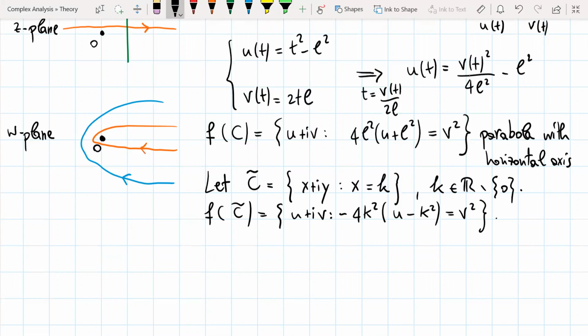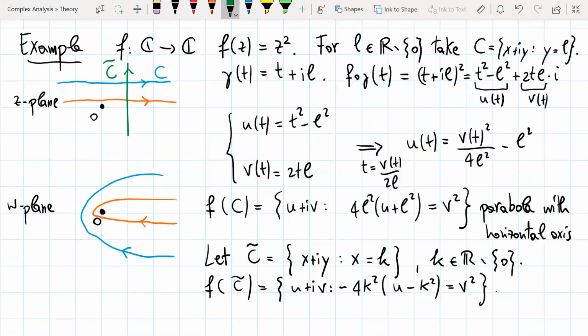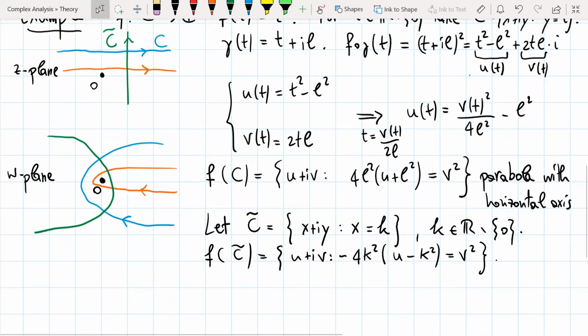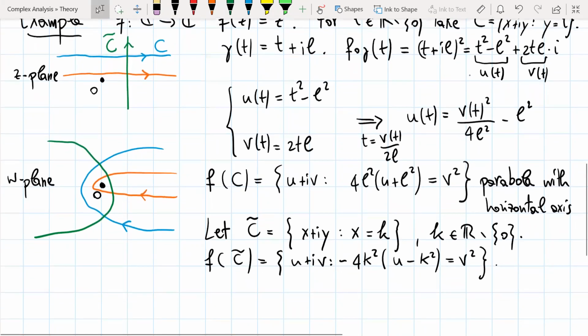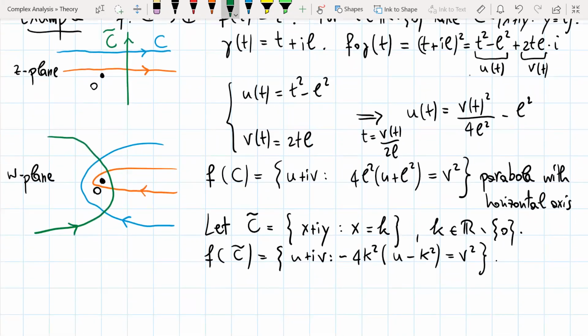Okay, so this is also a parabola with horizontal axis, but now in some sense it is mirrored. So we have now a parabola going in the other direction. And also here, one can see that when t is negative, then we also have v negative.